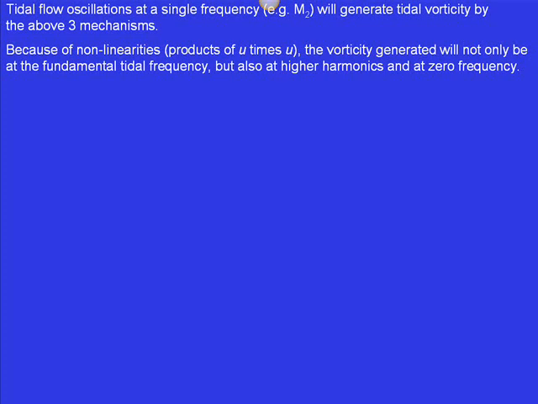So this cosine squared gives you a zero frequency term and a term with twice the frequency. That's how wind waves also produce mean flow in higher harmonics.